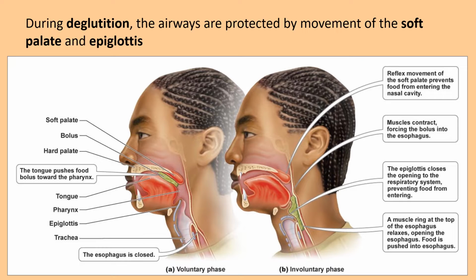So there are a couple of safety features in place here to ensure that the bolus ends up in the esophagus. So number 1, and I'll circle it, is this soft palate. While we swallow, the soft palate rises to block the passageway between the oropharynx and the nasopharynx. So when we swallow, food can't go into our nasal passages.